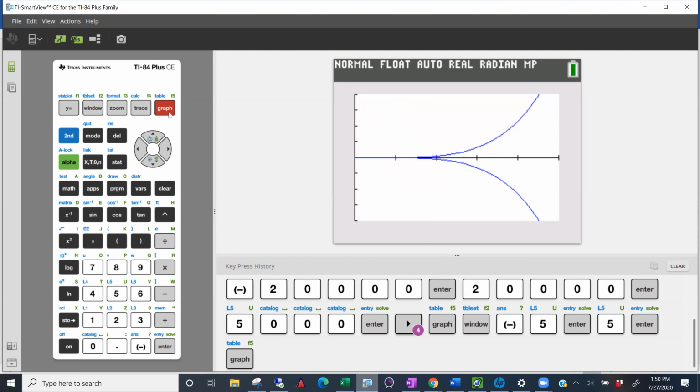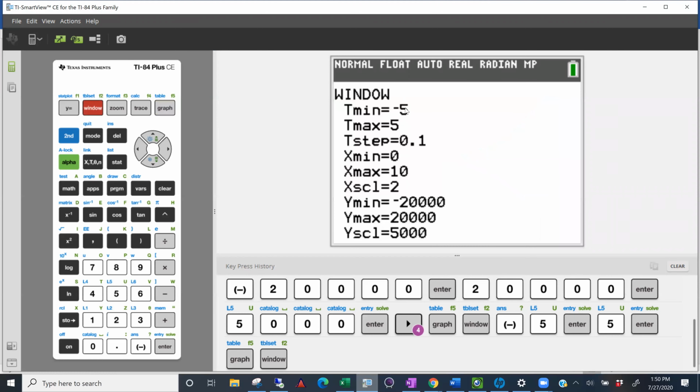How's that look? I'm sorry, what did you do to fix it? I changed the window. My original window, I was going t from 0 to 10. I changed it to -5 to 5.